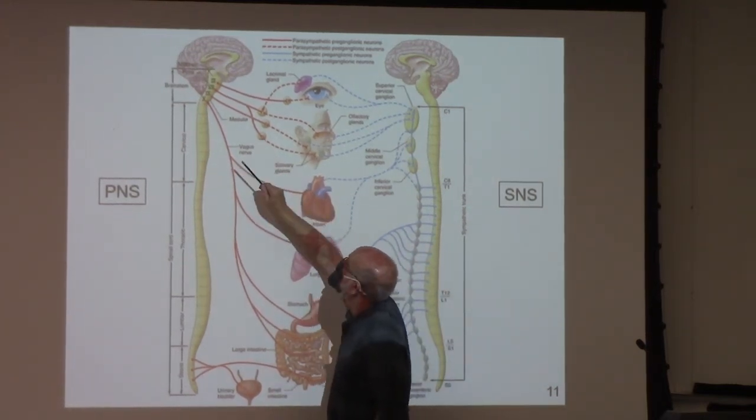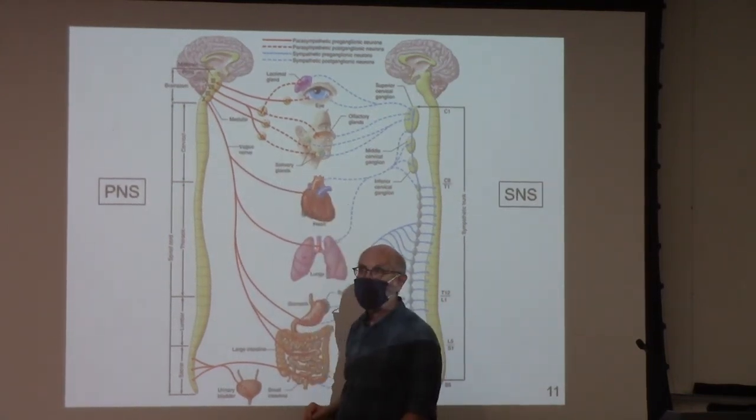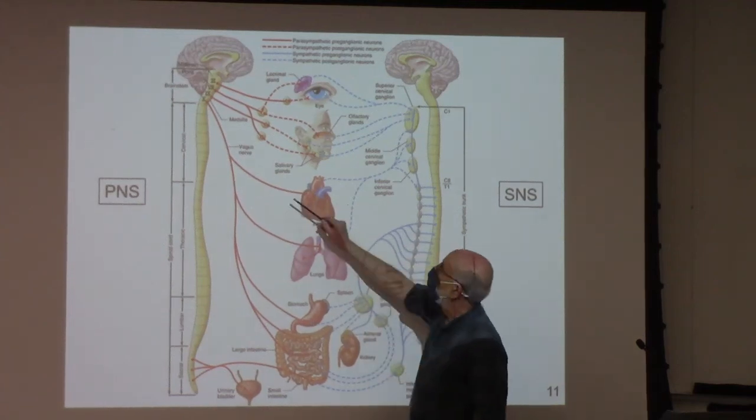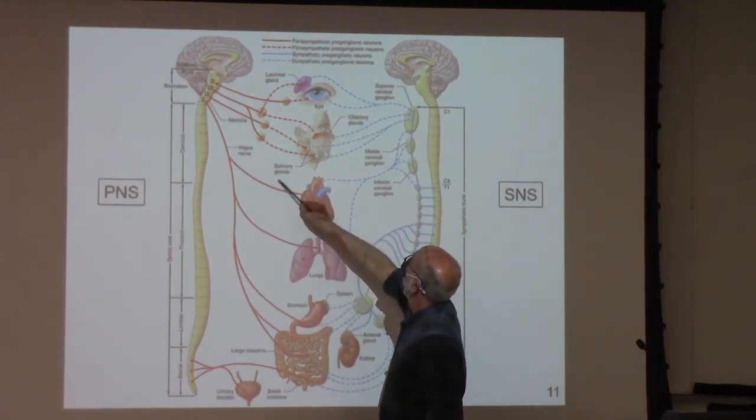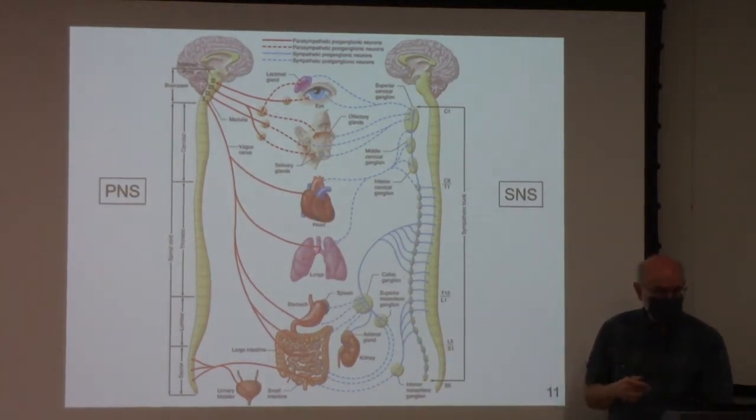Here's the first synapse, and this is the second synapse. So solid lines are first, dotted lines are second. There's a two-step process in the autonomic nervous system.